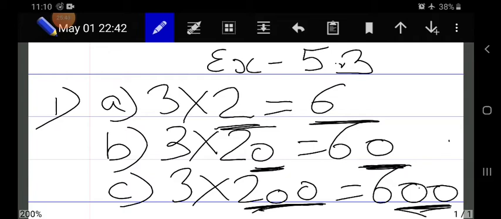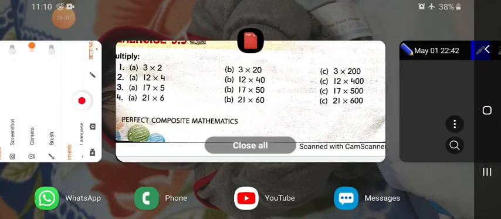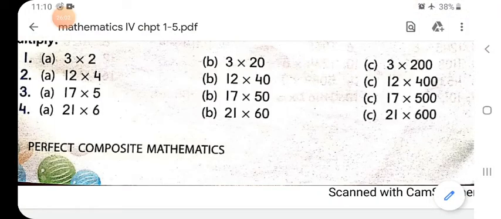So this is how we are going to do the sums of exercise 5.3. As many zeros come, you will just put them at the back and do the rest of the calculation. Okay, this is sum number 1. There are second, third and fourth parts also, and you are going to do them.